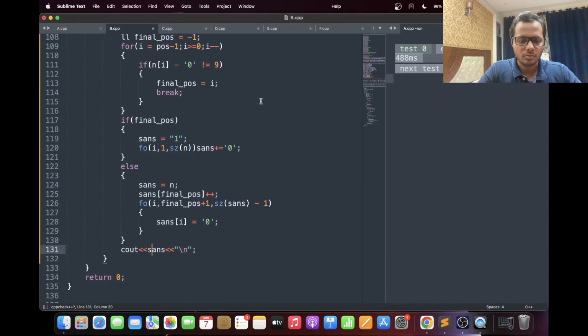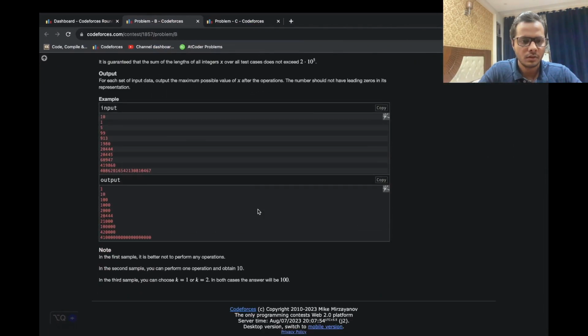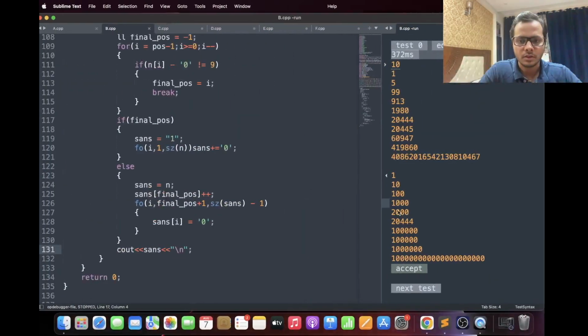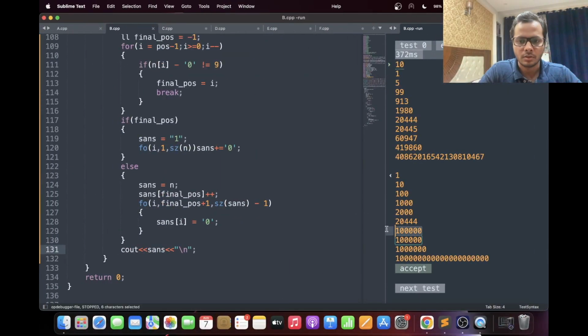Let's quickly debug this one. Might have some errors. 1, 10, 100, 1000, 2000, 2444, 21,000. That's wrong. 7th test case. Let's see.